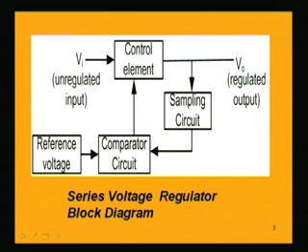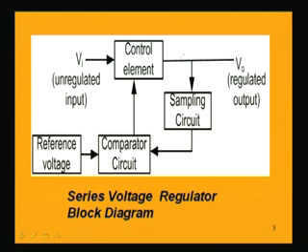The output from this comparator circuit drives this control element, and this control element controls the output voltage to maintain it at a constant level. So, what is there inside each block? It depends on the various types of series regulator circuits.